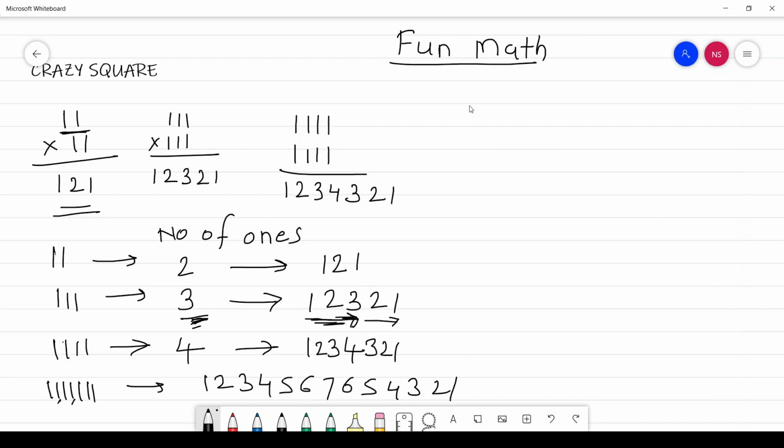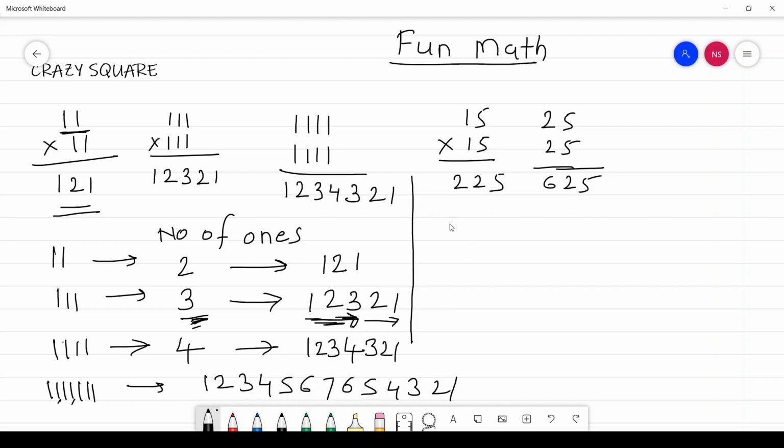Now friends, one more crazy square we will find. All of us know the square of 15 is 225. The square of 25 is 625. Here also if you observe the pattern, the square of 15 ends with 25.